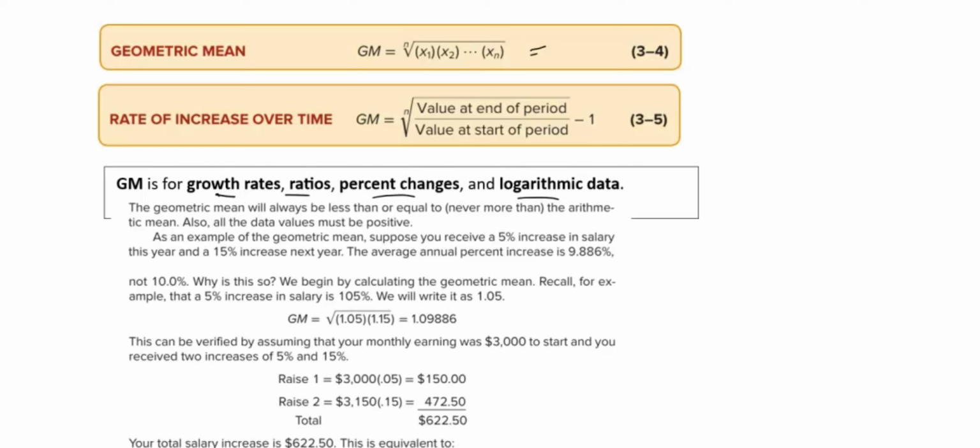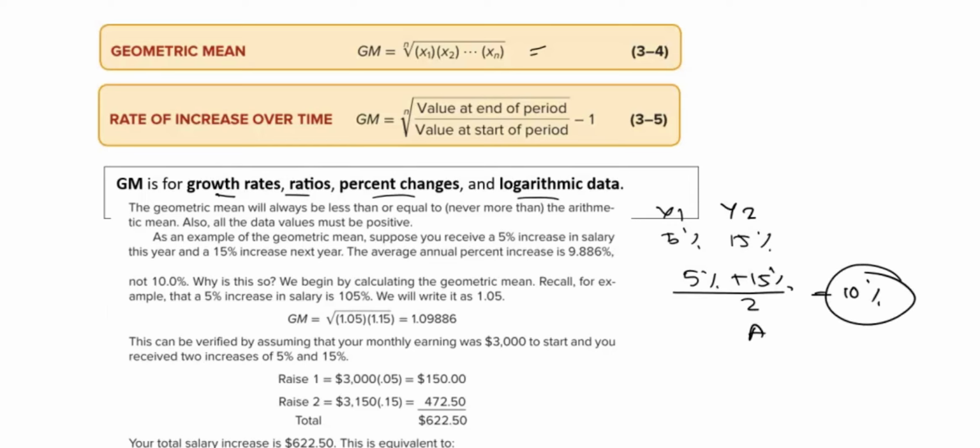So the formula is this, as you can see. We're going to go through an example that was provided to us in the book. প্রথমে বলেছে যে একটা মানুষের স্যালারি ইনক্রিজ করেছিল 5% in year 1 and year 2 তে increased again 15%. তো আমি যদি arithmetic mean করি, 5% plus 15% divided by 2 which is 10%. তার মানে আমাদের annual increase হওয়ার কথা ছিল 10% but this is incorrect.